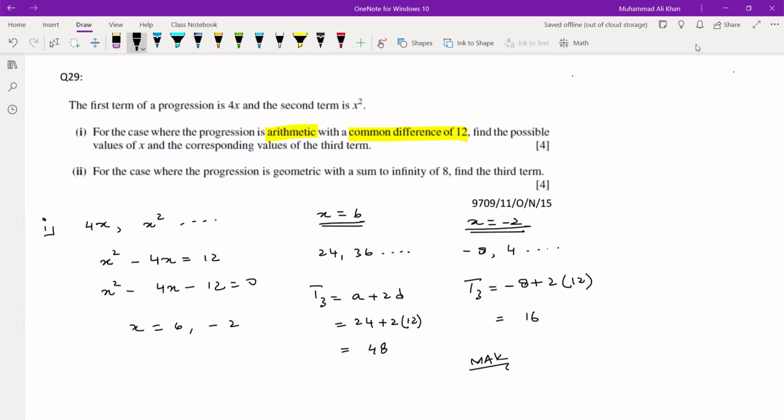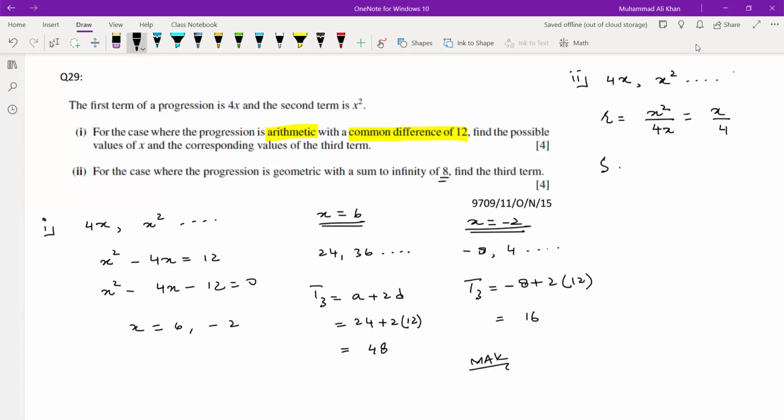After that, in the second part, for the case where the progression is geometric, find the sum up to infinity. So now, let's say the first term is 4x, second term is x squared. The progression is geometric. For the case where progression is geometric with a sum up to infinity of 8, find the third term. So common ratio is x squared divided by 4x, which equals x upon 4.